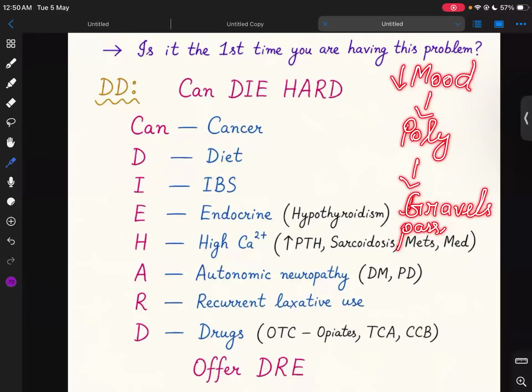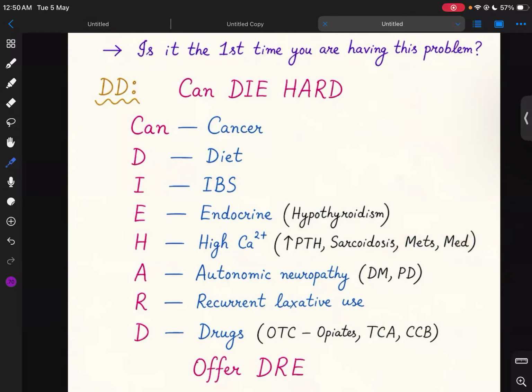That is nephrolithiasis, which is a symptom of hypercalcemia. Yes, tummy pain is another. Sorry, I missed the tummy pain. So low mood, tummy pain, polyuria, polydipsia, and gravels passing through the urine. That is the symptoms of hypercalcemia.